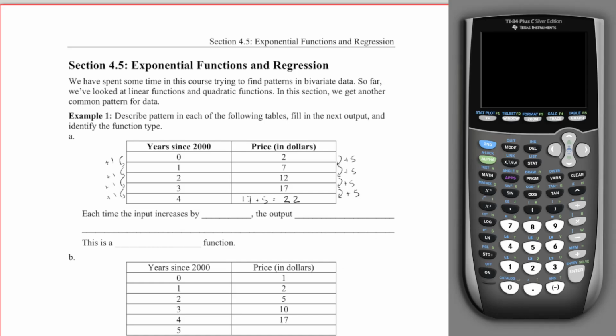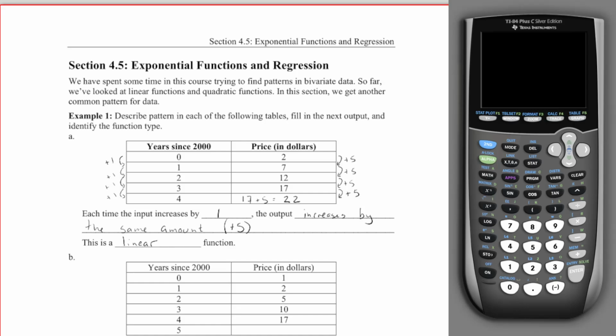And we see that each time the input increases by 1, the output increases by the same amount. Plus 5 in this case. So this is a linear function.